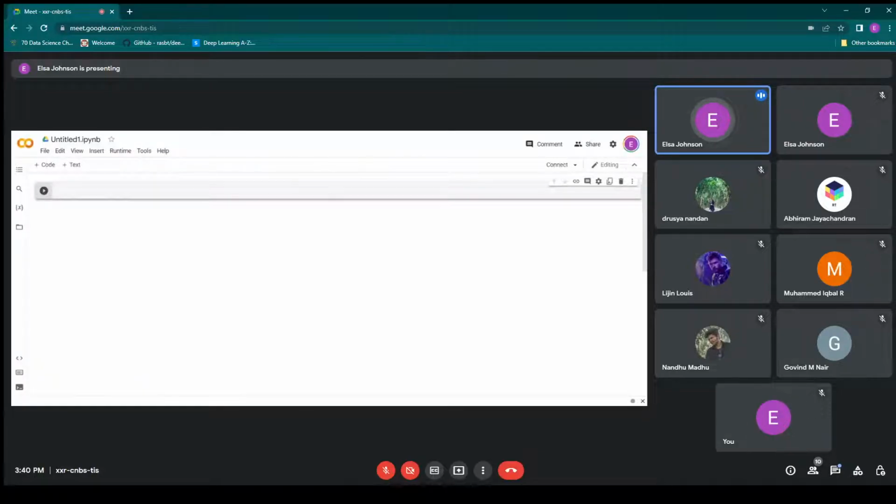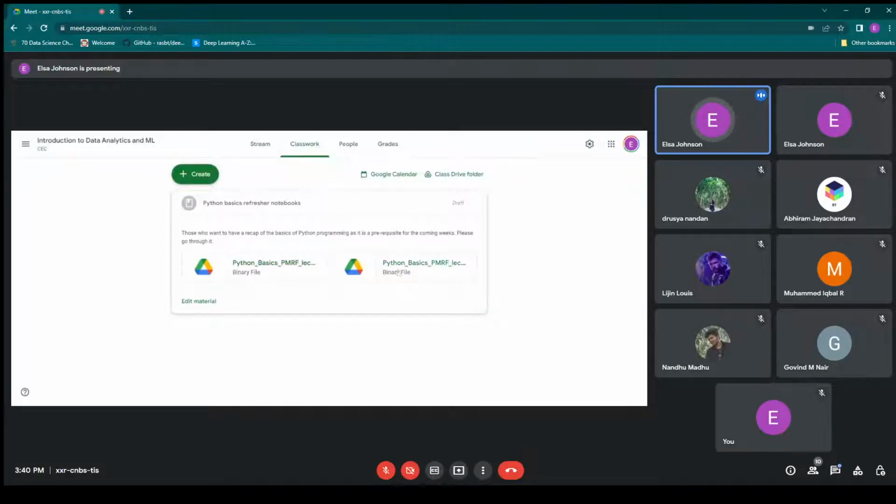It will show you an untitled notebook. This is known as a Jupyter notebook actually. So this is a Colab notebook. Its extension is .ipynb.